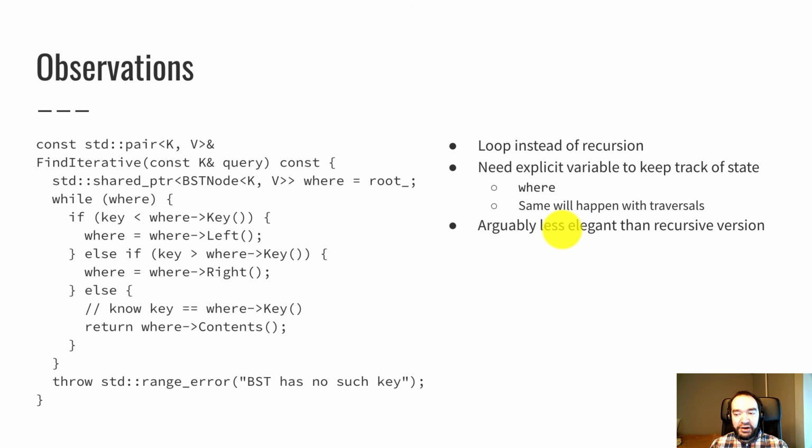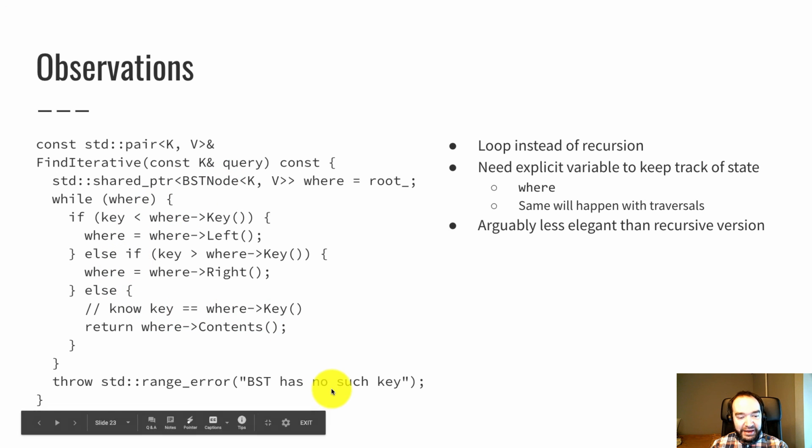I would say this is arguably less elegant than the recursive version. Elegant is a bit subjective, but it just doesn't read quite as closely to the definition of the search algorithm to me. That recursive algorithm, when you just read it top to bottom, it pretty much sounded like the definition of how binary search tree search works with the 4 cases. Here, the 3 cases are here.